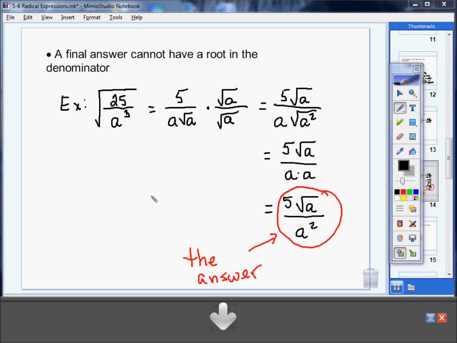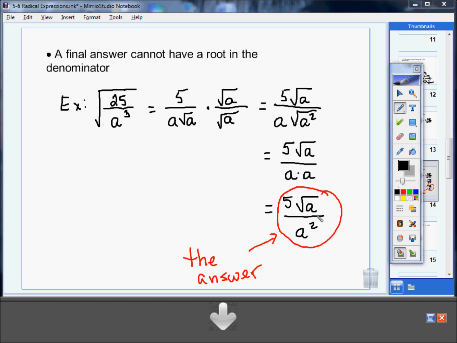Luke? Couldn't the a squared and the square root of a, wouldn't that cancel out or no? Oh, here? This and this? No, underneath the answer. Couldn't those two cancel out? These? No, because a square is different than a square root. Now, we will be looking at the fractional exponent that is assigned to a square root.